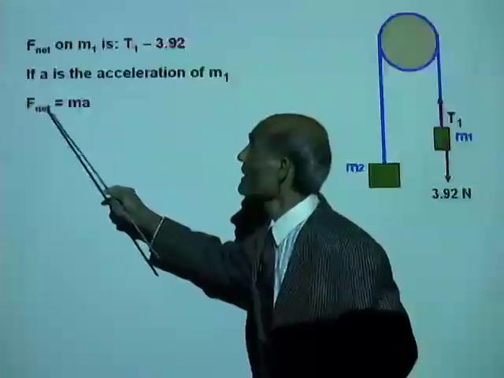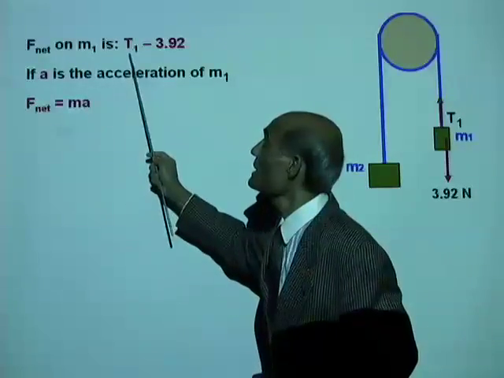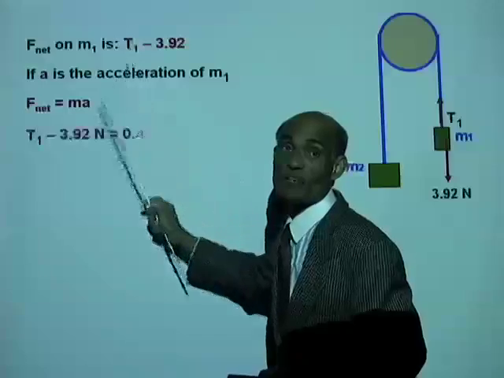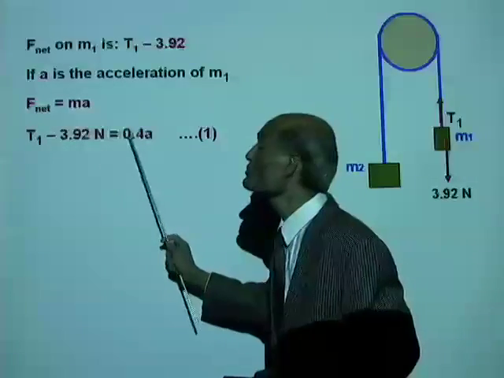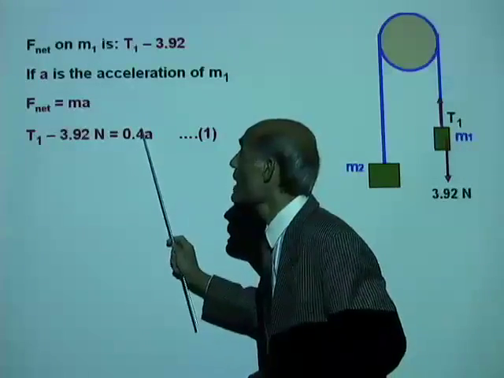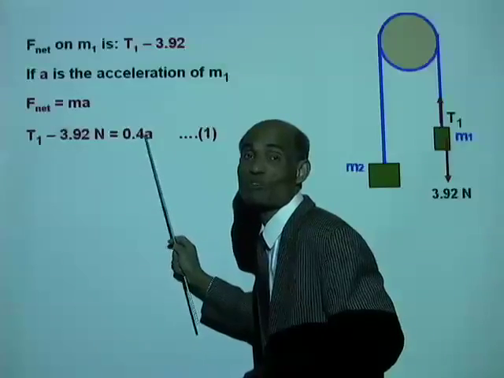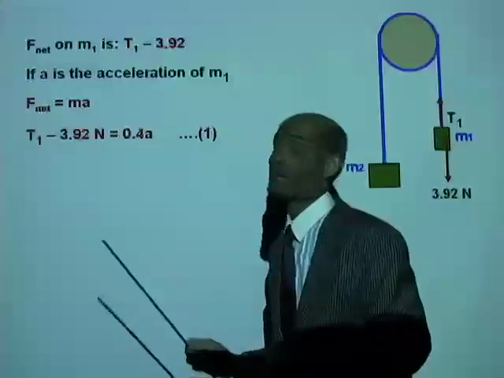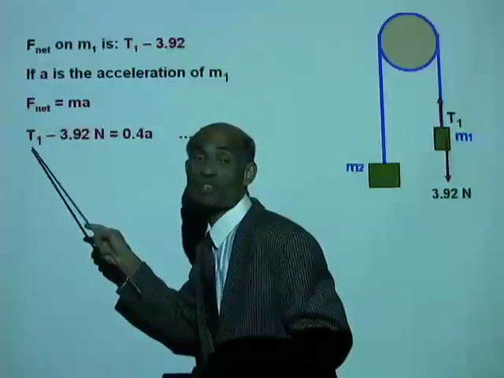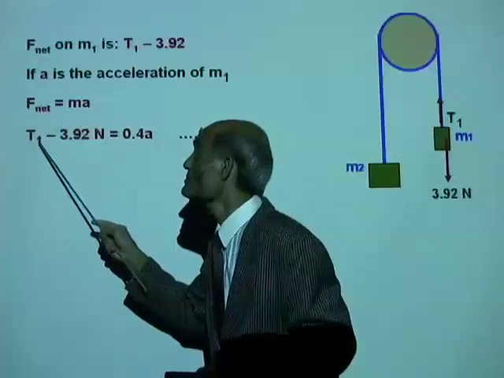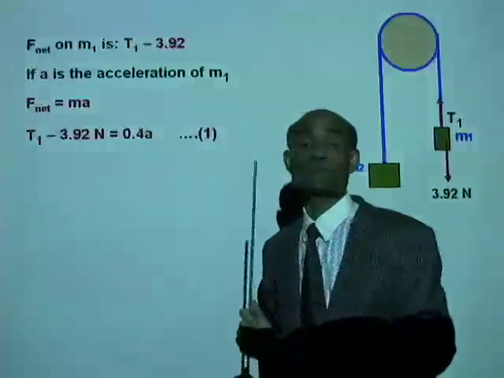Is that right? F net equals M a, or T1 minus 3.92 Newton equals M1 a. M1 is 0.4 kilogram times a. Now we have an equation that contains two unknowns, T1 and a.